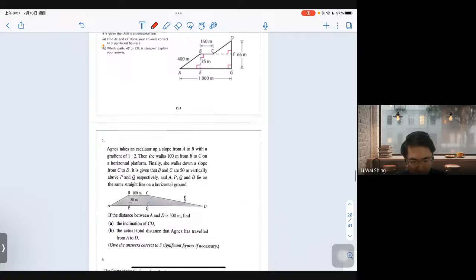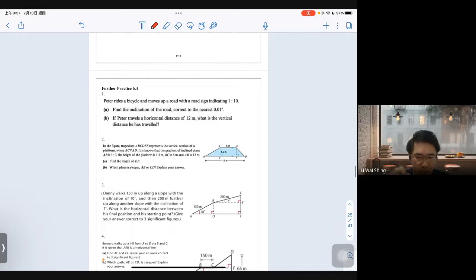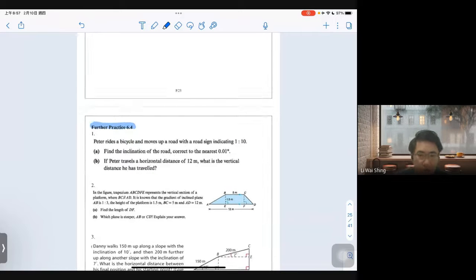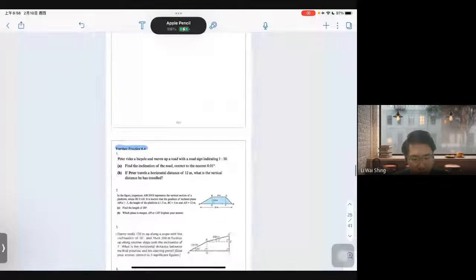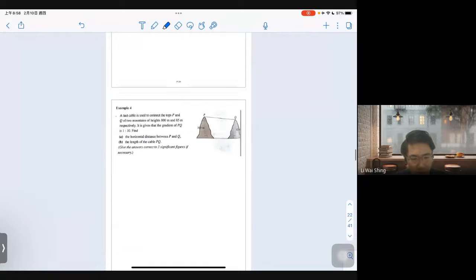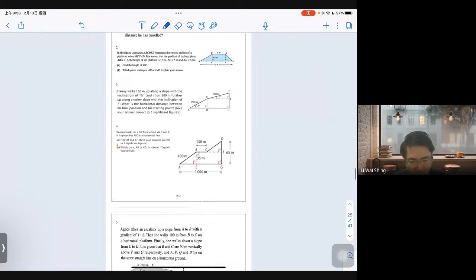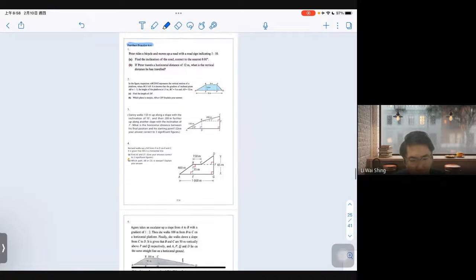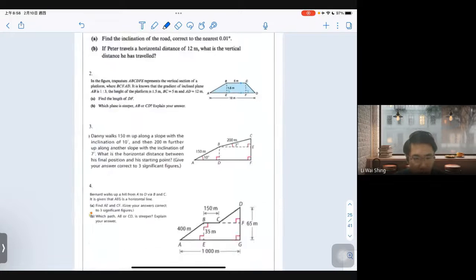Please finish Further Practice 6.4. Okay? So the other examples are pretty similar, very easy. So you just need to finish FP 6.4 on single line paper.